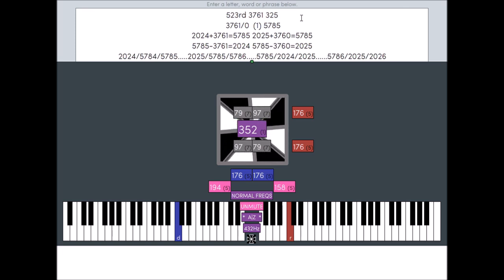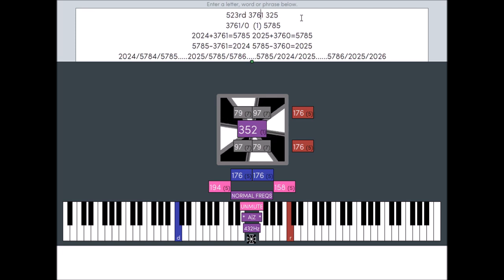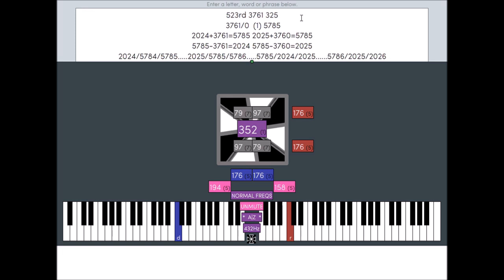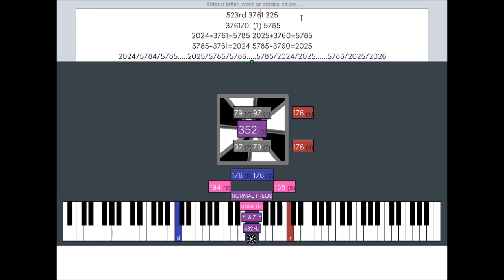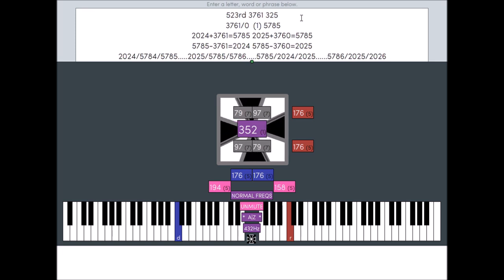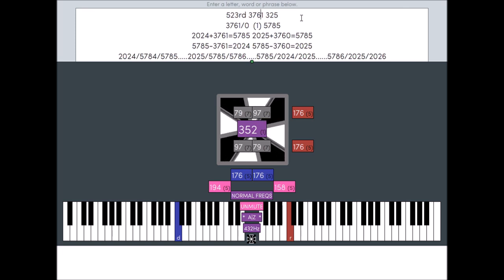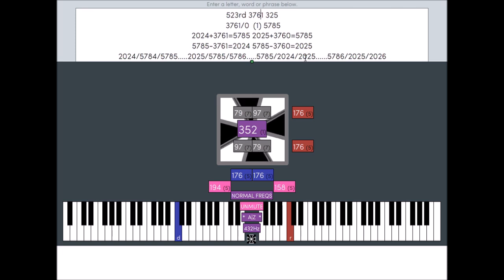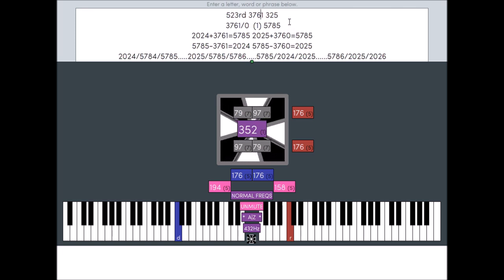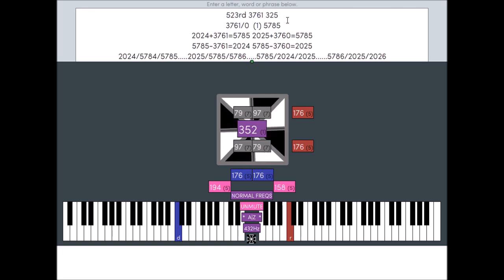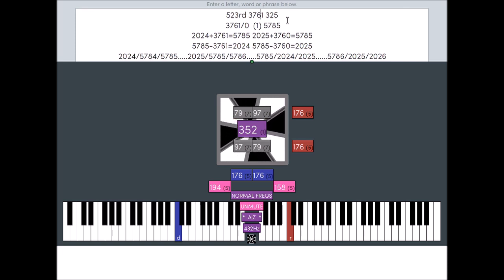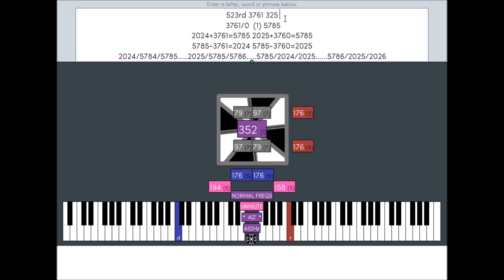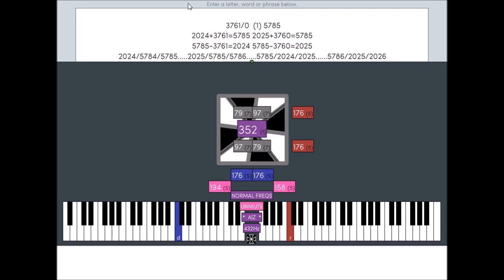So I thought that was very fitting how that 325 AD was used, the reverse of the 523 in terms of the primes, which is 3761, which is what makes all of the stuff click together in trinities. The days are trinities, and the years are trinities in the AD and AM calendar system.